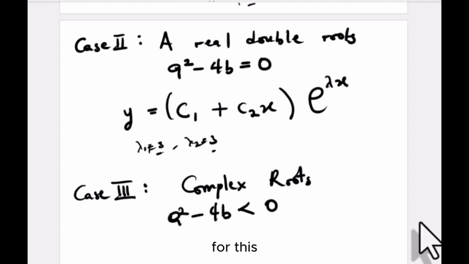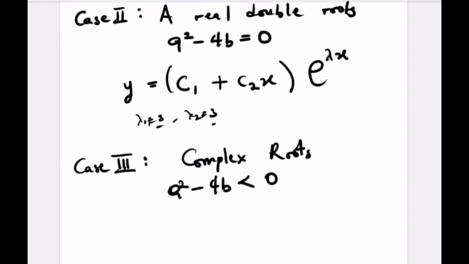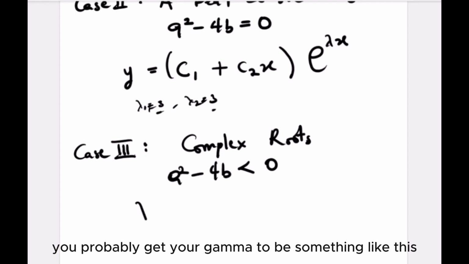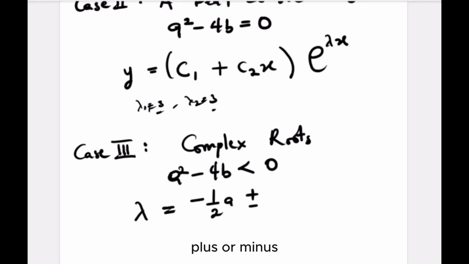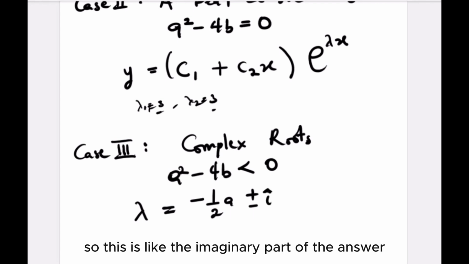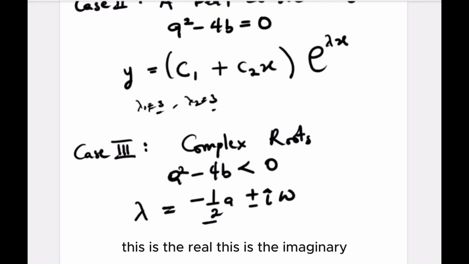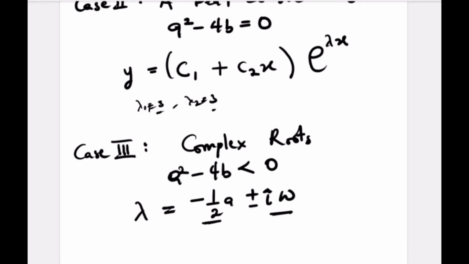For this, you probably get your gamma to be something like this, plus or minus. So this is the real part, and this is the imaginary part of the answer.